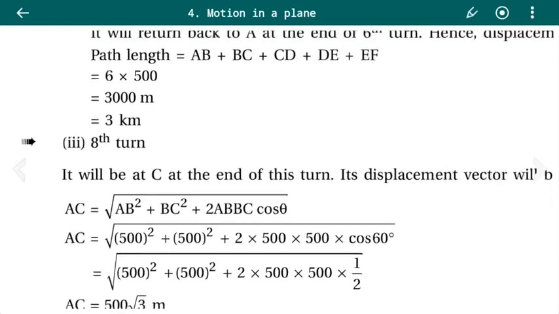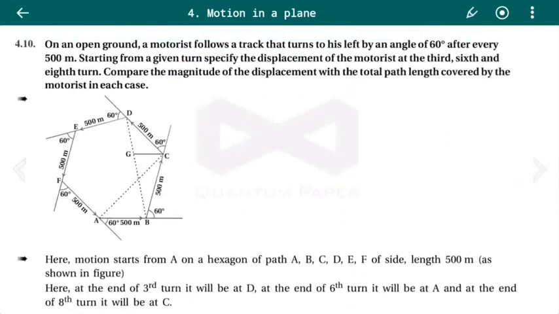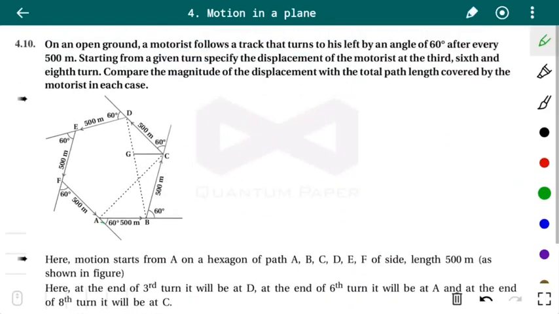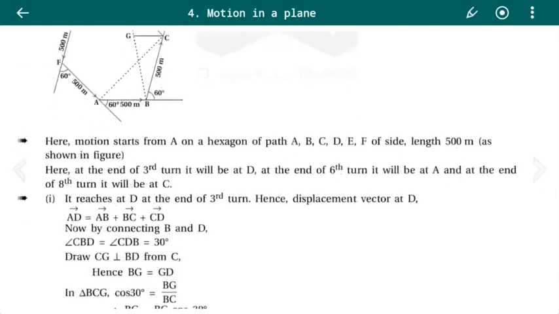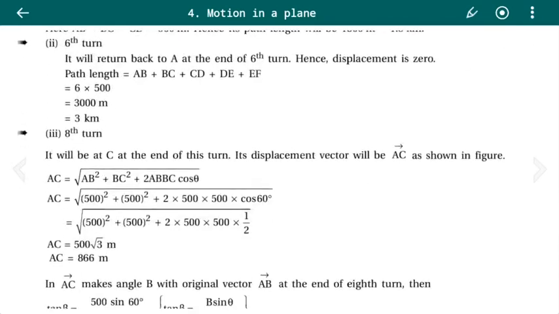Now at the 8th turn, here it is the 6th turn, then here it is the 7th turn, here it is the 8th turn. So C is the final position, A is the initial position. So we need to take this triangle A, B and C. Here AC is the resultant vector. To get the resultant vector we use the cosine rule.